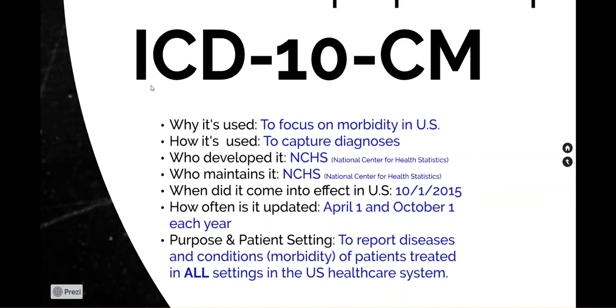So we are focusing on morbidity, which is disease in the US. A lot of students will think that morbidity and mortality is the same thing, but it's not. We are focusing on the disease in the US and not necessarily the death in the US. So ICD-10 is used to focus on morbidity in the United States.